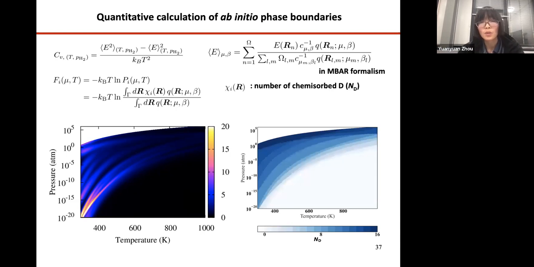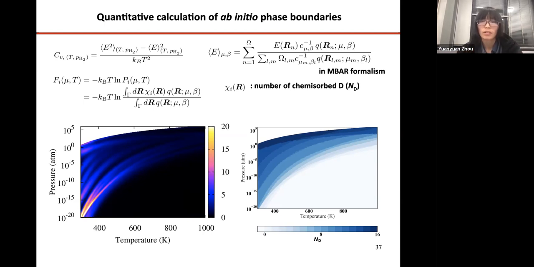And we do another post-processing and calculate the free energy and the phase indicator. We choose the number of chemisorbed deuterium. In the simulation itself, we allow both molecules and atoms, so there is molecular physics of molecules also in the system, but in reality we are only interested in the number of chemisorbed deuterium.